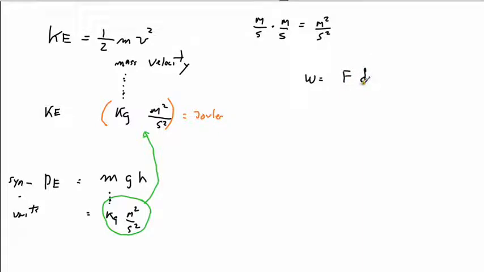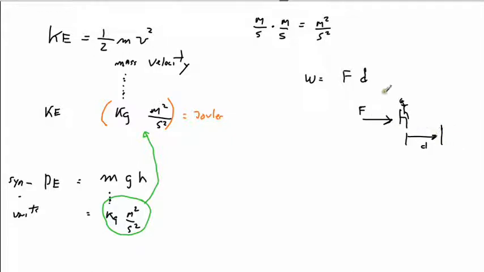The force must be in the same direction as the object moves. So if you apply a force in this direction to a chair, with a person sitting in it, this is the force applied. It must move some distance, d, for there to be work.